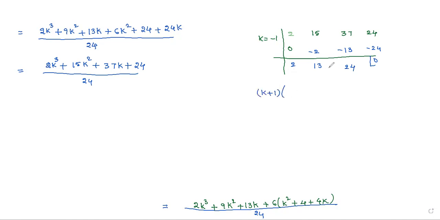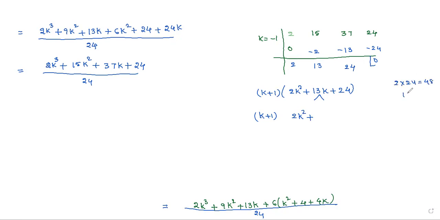So next, this is 3 terms, ax square plus bx plus c. You have 2k square plus 13k plus 24, k plus 1 into. Splitting the middle term: 2k square, 2 into 24 is 48.